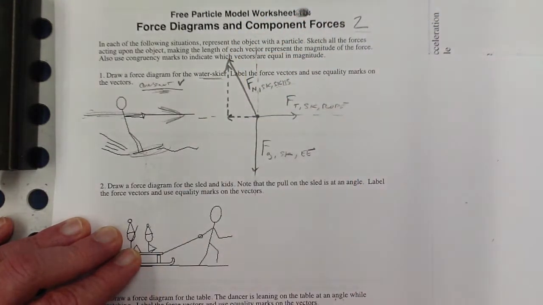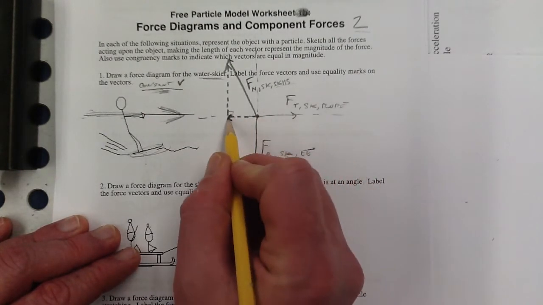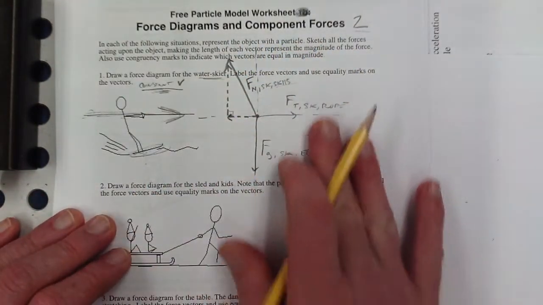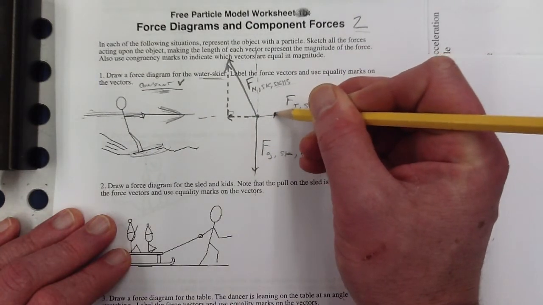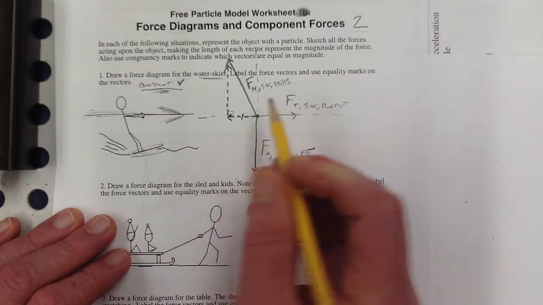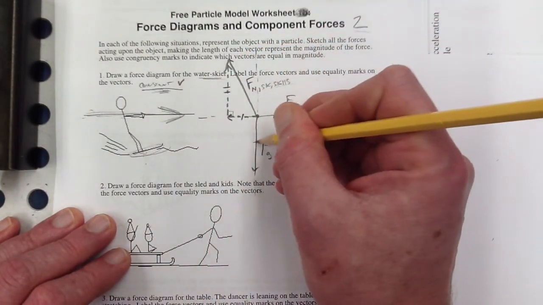They're the 2 parts of that force. Just like you were plotting a point, you're going to go over this much and up that much. And now we can see how these 3 forces can be balanced, because this here must be the same as this. So the horizontal is balanced, and then this must be the same as this.